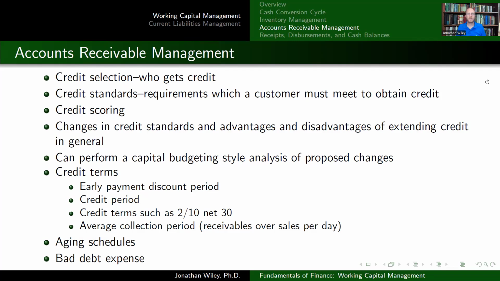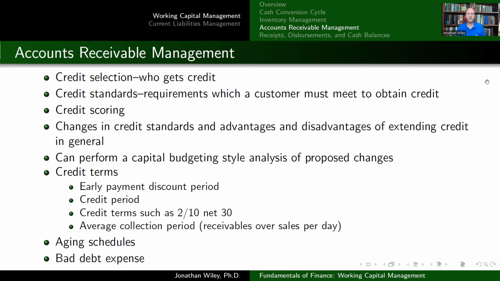So you're going to have an allowance for doubtful accounts, and ultimately you're going to have to expense what you think are going to be the bad debts. So you actually have to account for the fact that if I'm selling on account, somebody's not going to pay me, right? Now, side note, if you knew they weren't going to pay in advance, you would never have extended credit. So the idea is you have credit standards to try to make the likelihood of a customer not paying manageable and reasonable, but you don't actually know in advance who's not going to pay. If you did, you just wouldn't have sold on account.